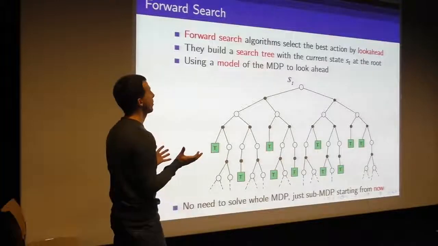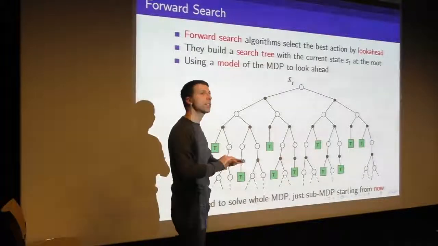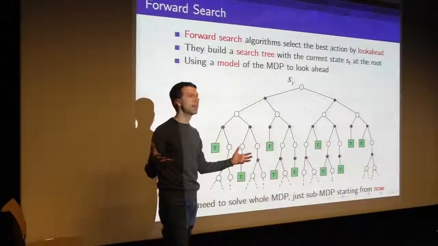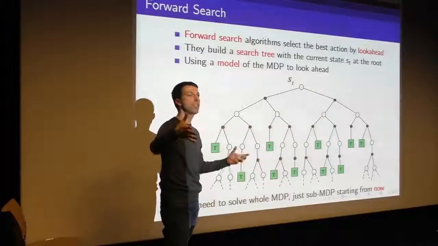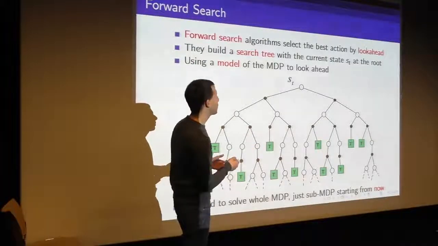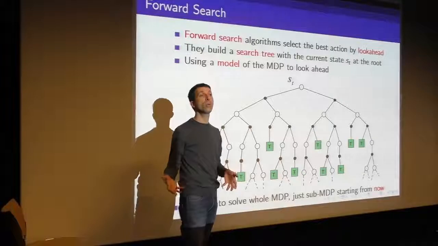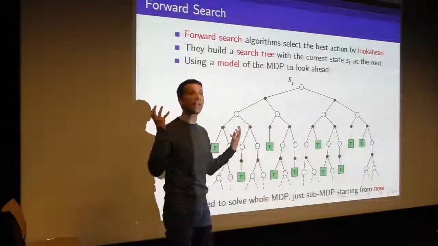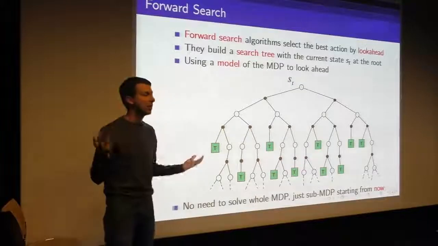Forward search algorithms don't explore the entire state space. With Dyna, we were randomly sampling transitions from our entire state space, everything we've seen so far. Here, we're saying there's one state we care a lot more about getting the right answer for, and that's the state I'm in right now. It has a special importance.